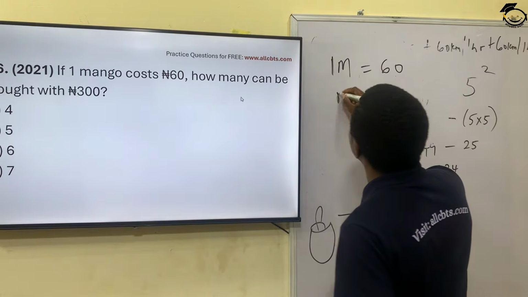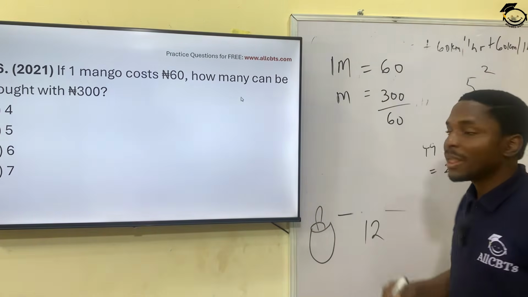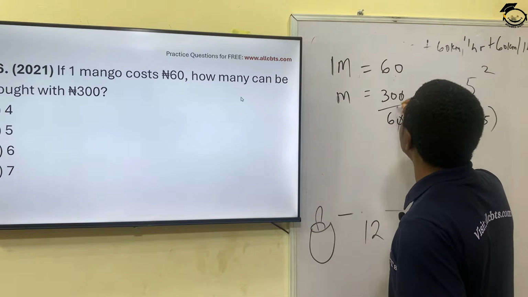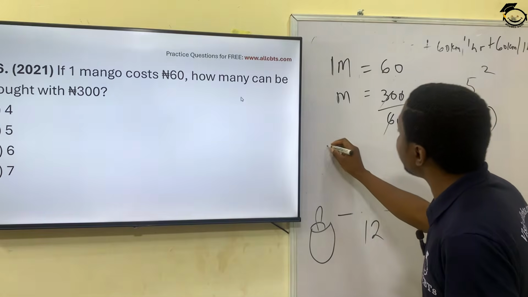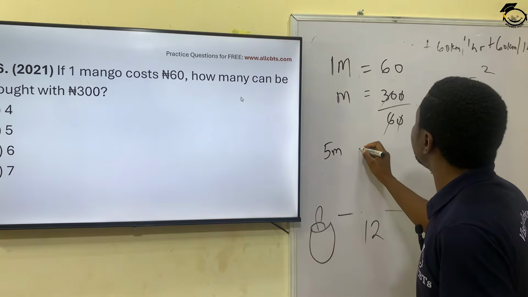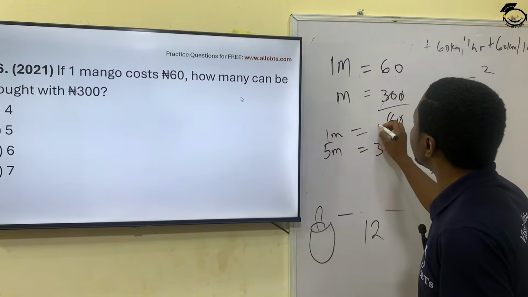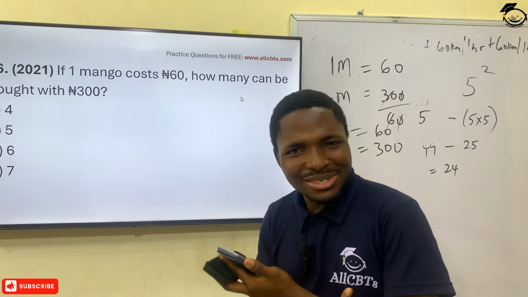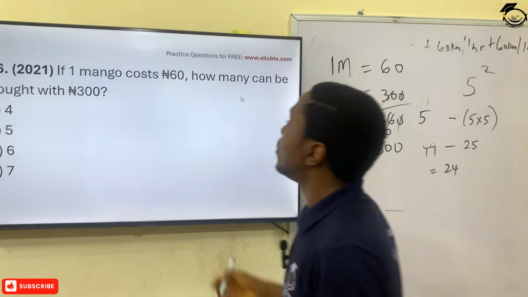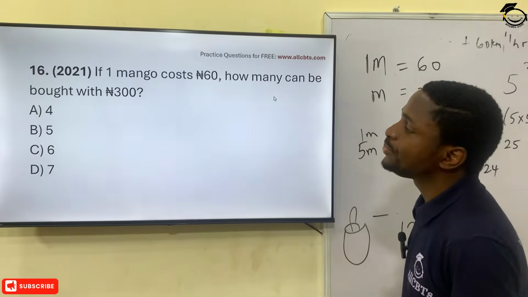So 300 by 60, you have 5. So you'll be able to buy 5 mangoes for 300 naira, one mango for 60 naira. Is that clear or is it confusing? I think it's clear enough. So your 300 naira will buy you 5 mangoes.